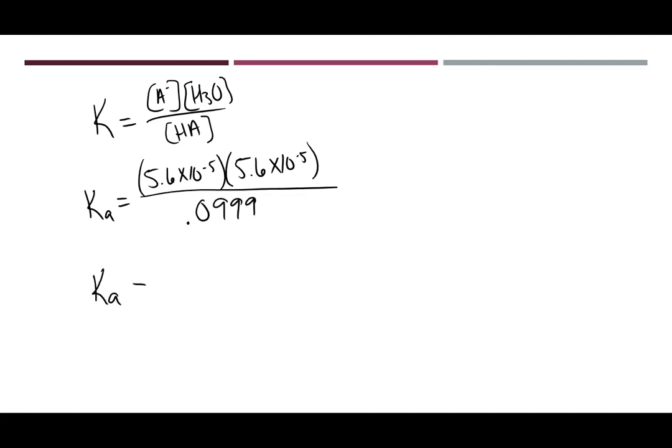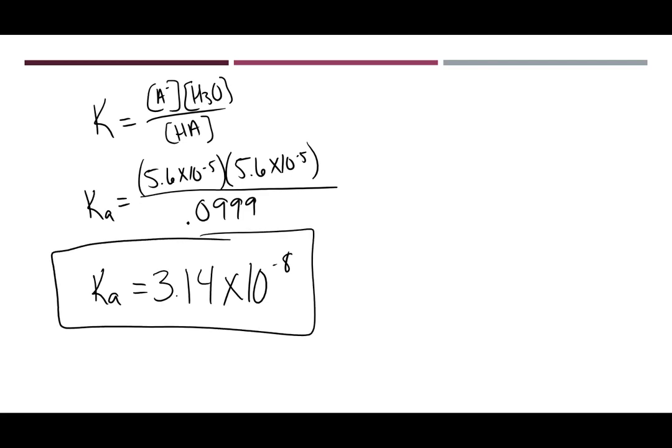And that is going to be divided by 0.0999. Ka is 3.14 times 10 to the negative 8th.